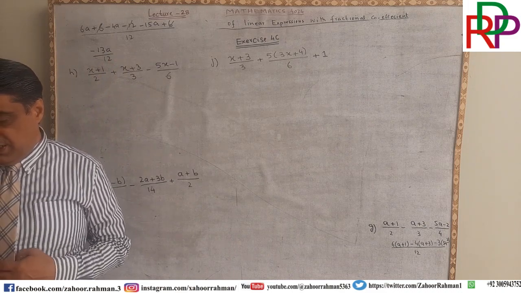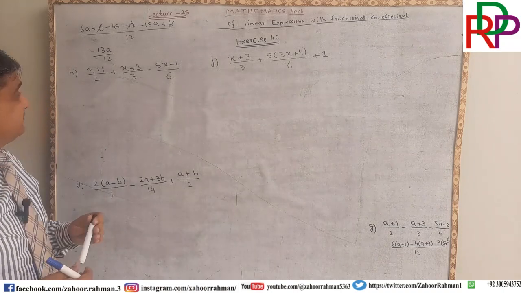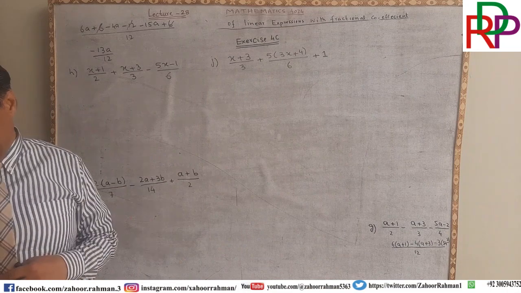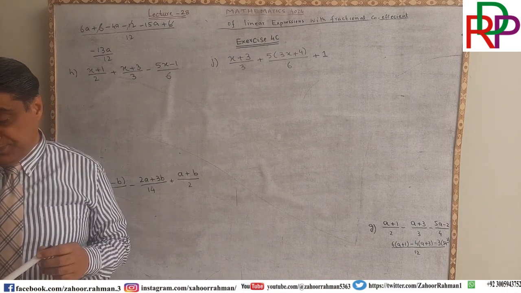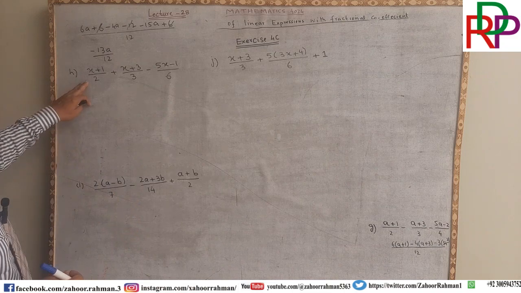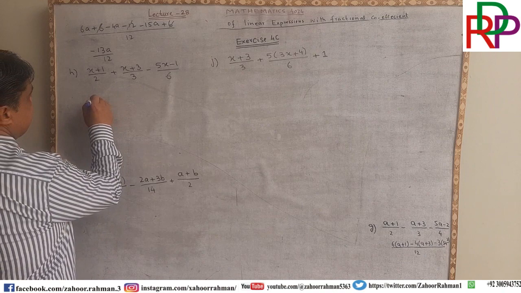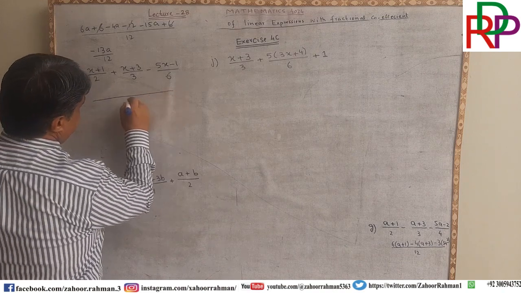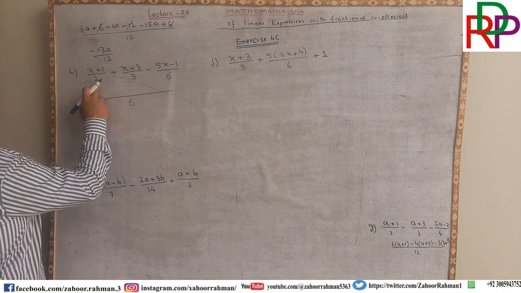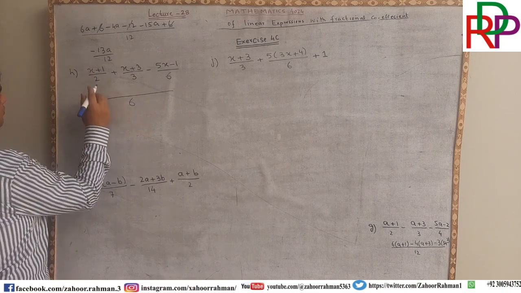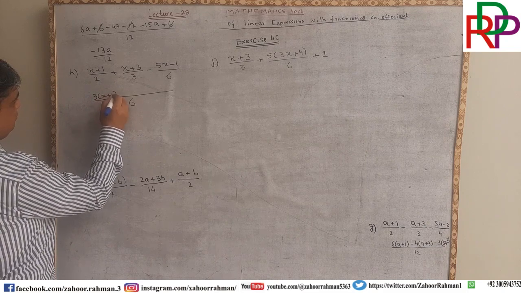Now we are turning our focus to question number 6, part H. Part H is saying x plus 1, so we will take 6 as the LCM here. When we divide this 6 by 2, it will give you 3, and you have to multiply that 3 with this x plus 1.